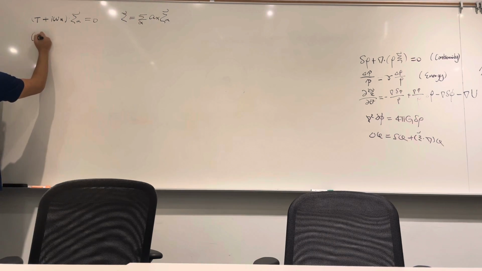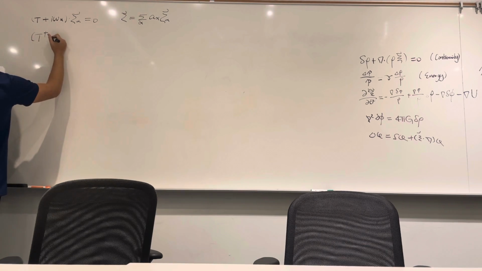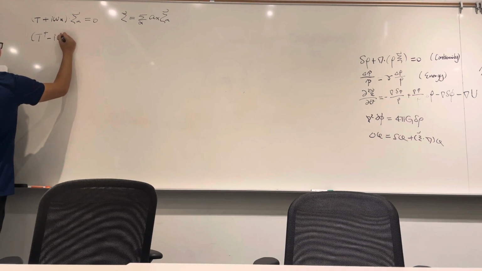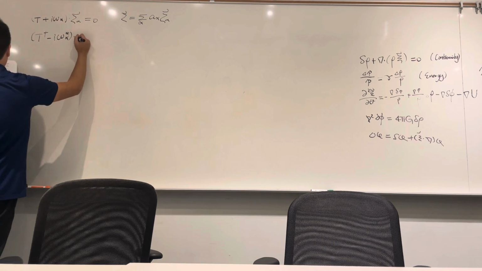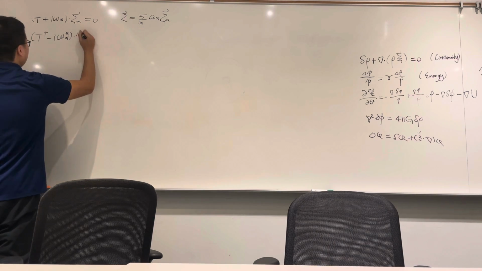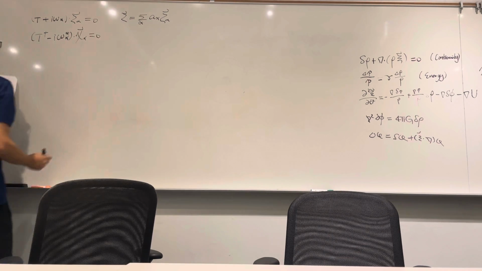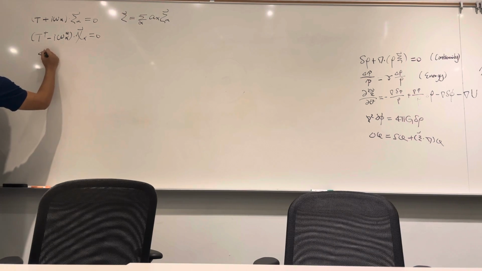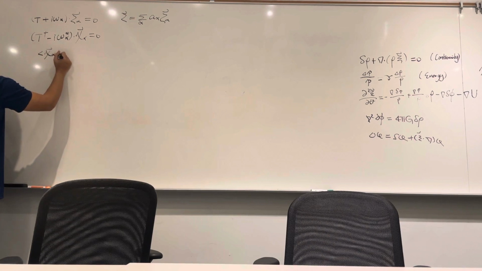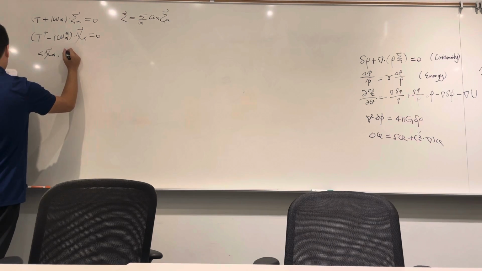Those left vectors satisfy the equation: the Hermitian conjugate of this T operator minus i omega alpha conjugate. We denote them as chi. They satisfy this equation, and since they're left vectors, they also satisfy the orthogonality relation with the right vectors.